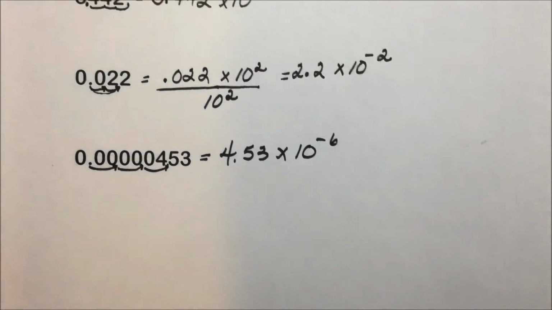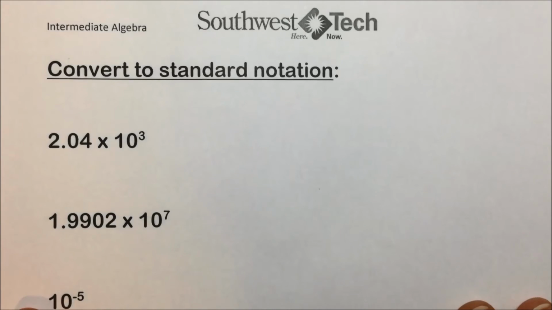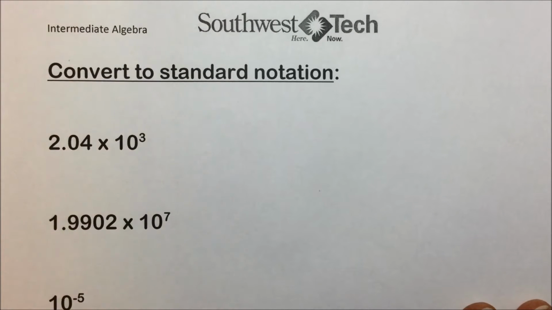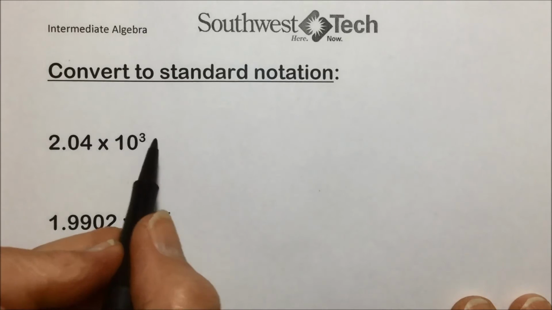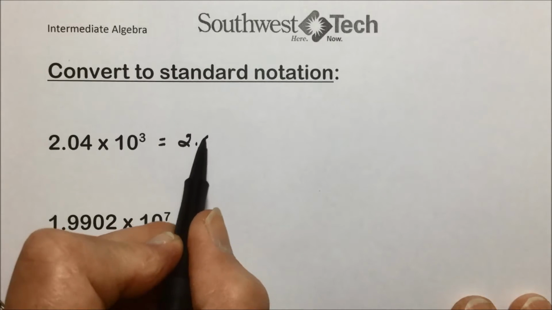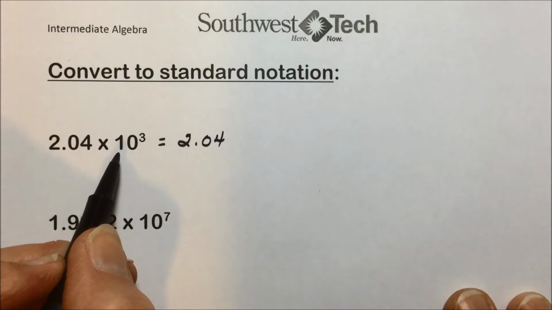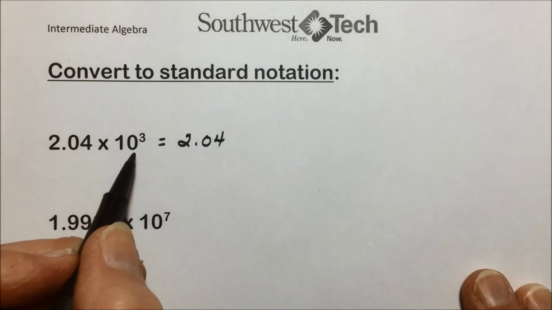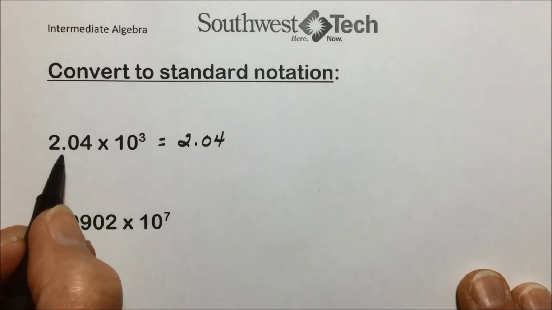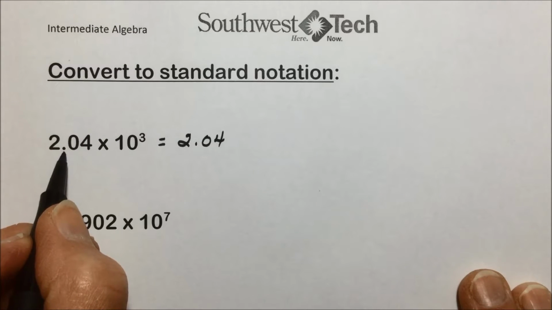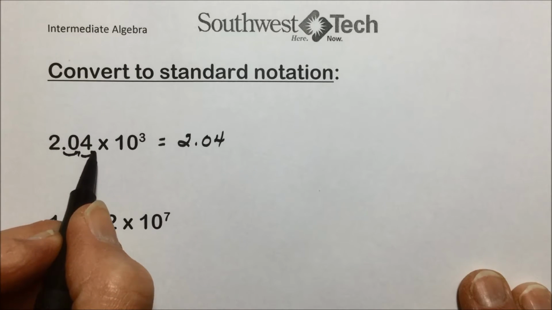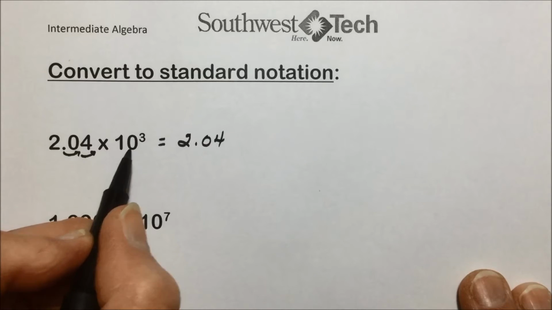From here, can you go the other direction? If you're given a number in scientific notation, can you convert it to standard form? And because we have 2.04 times 10 to the third power, and our number system is based on decimals and powers of 10, it means all we have to do is move our decimal over the number of places that the 10 is raised to.